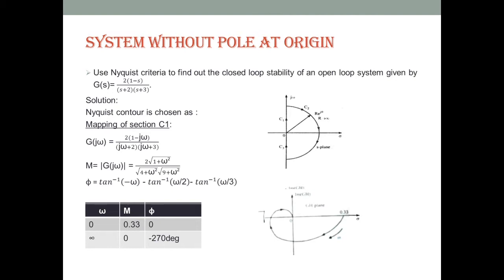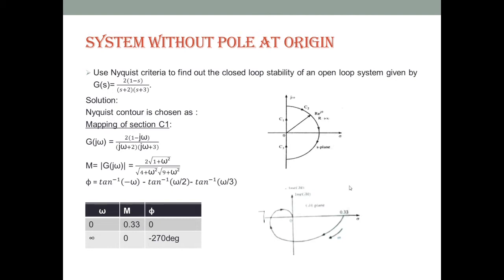So let's map the section 1. For mapping of section 1, the frequency omega is varying from 0 to infinity, and we know that any point on this axis does not have any real part. So s is written as sigma plus j omega, where sigma is the real part and j omega is the imaginary part.